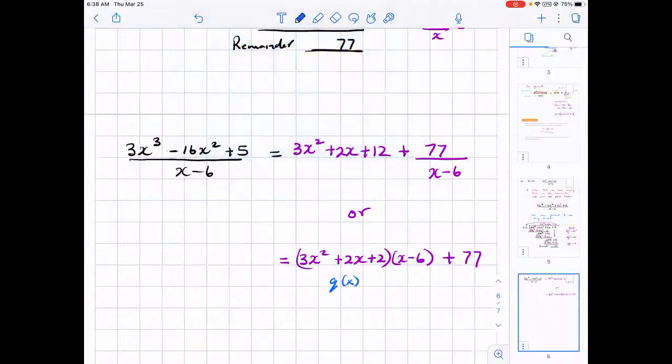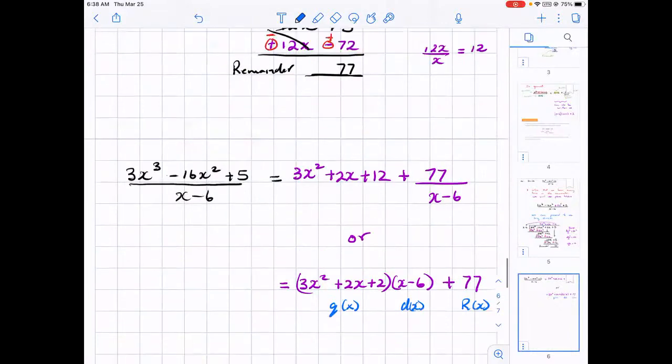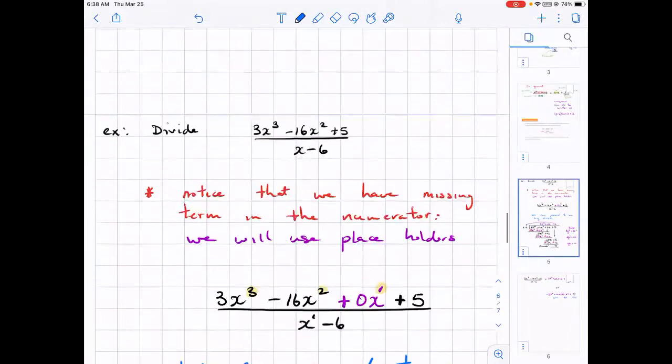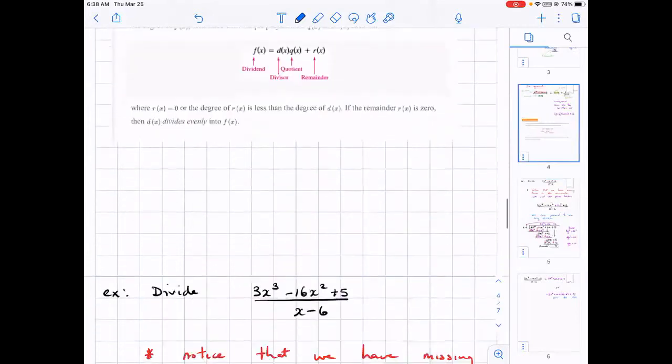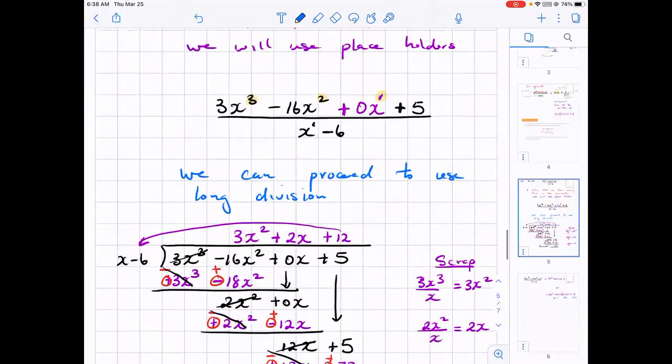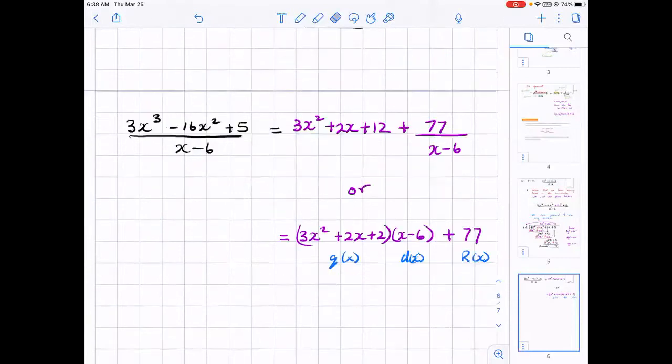This is the divisor, d of x, and this is the remainder r of x. And that's the division algorithm that we were talking about. They use lowercase r, so let's use lowercase r also. So this is times, that's plus.